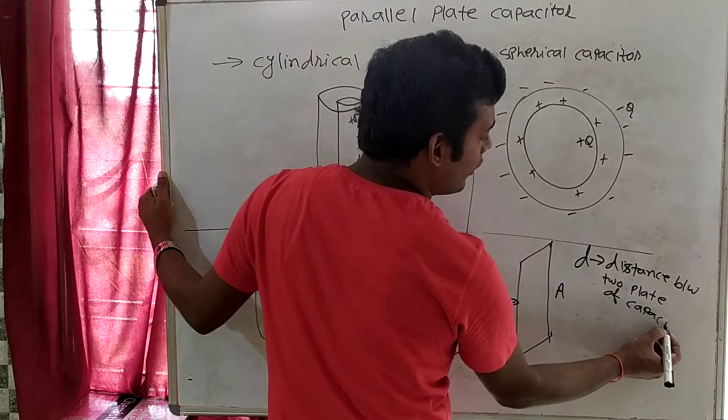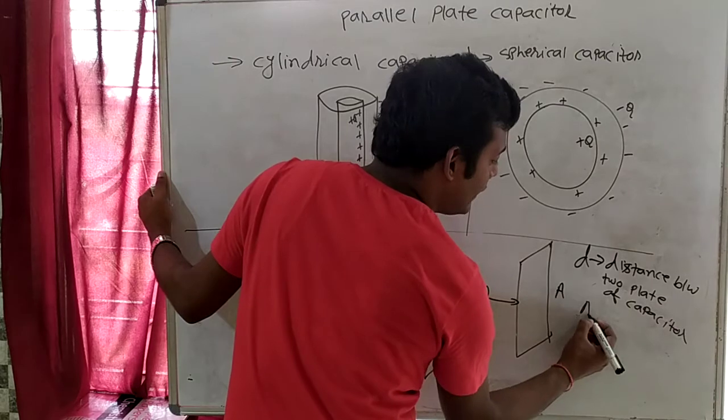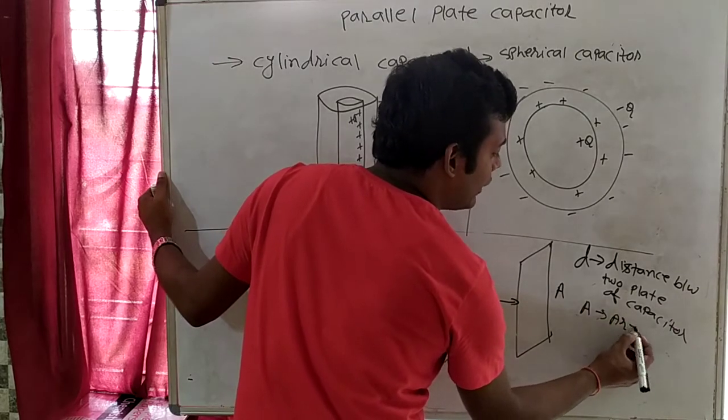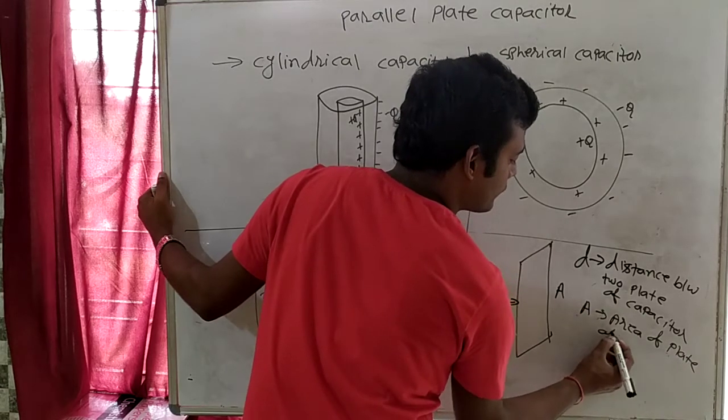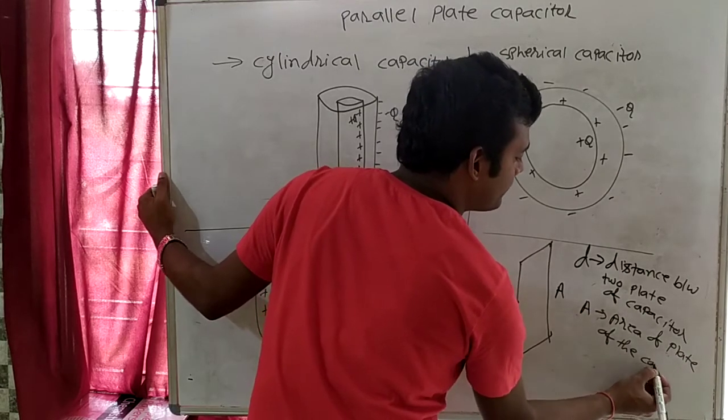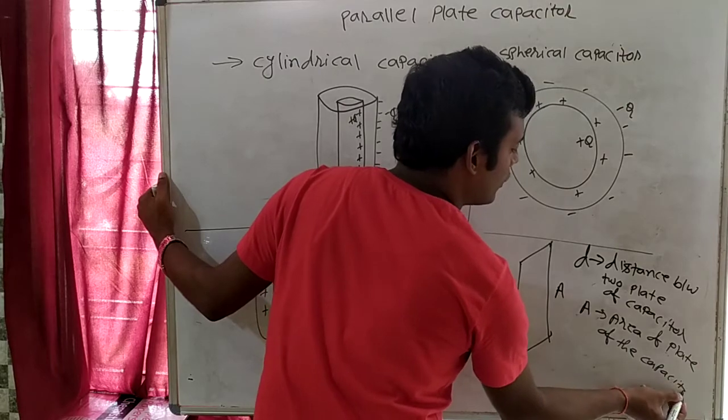Clear? What is A? A is the area of the plate of capacitor. Clear?